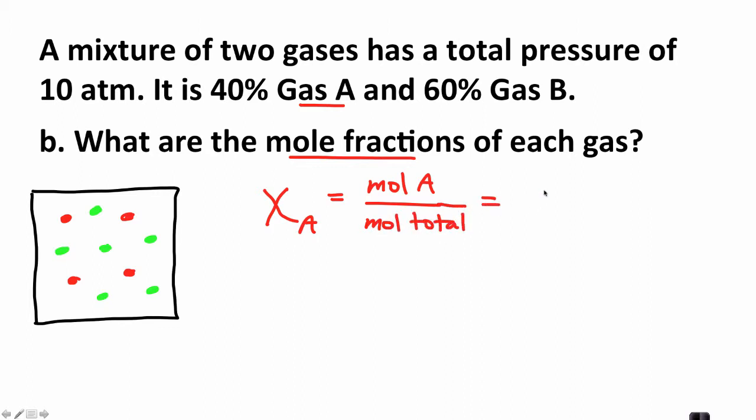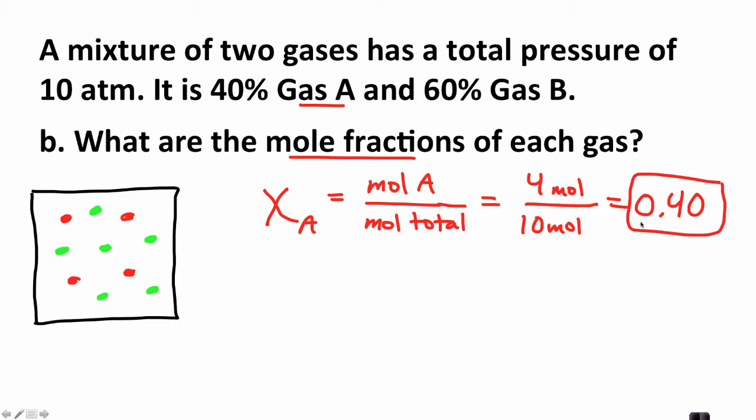And in this case, we have pretty simple numbers. It's 4 moles of A out of 10 moles total. And so the mole fraction is 0.40, which is essentially saying that it's 40% gas A. But we write it as a fraction, and we have to remember we're doing it on the basis of moles.